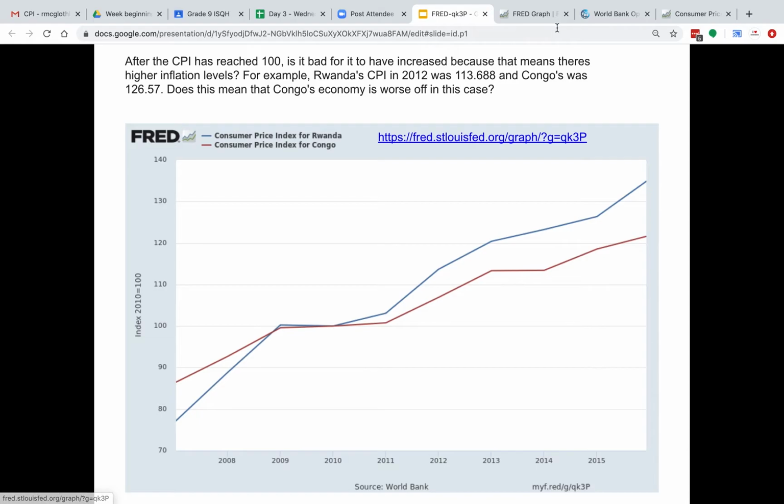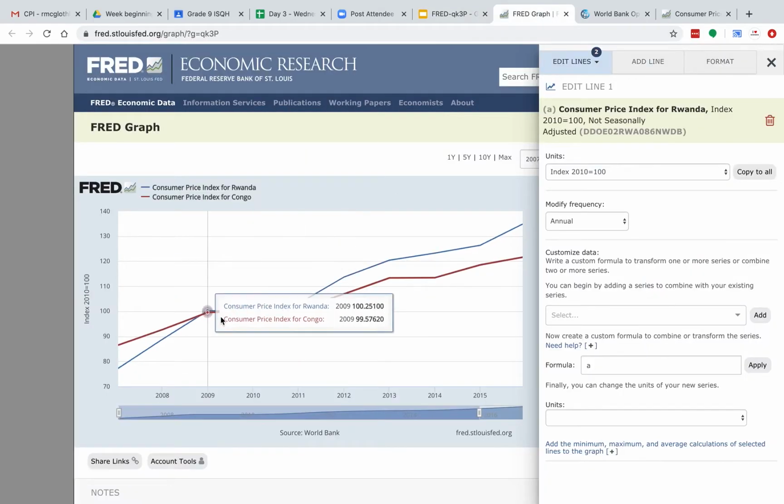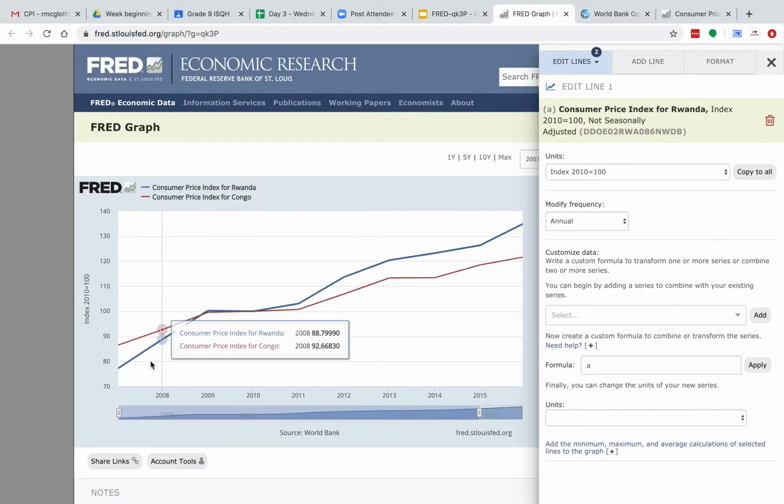So for example, if we go to 2008, prices in Rwanda were about 11% lower in 2008 than they were in 2010, whereas prices in Congo were about 7.3% lower than they were in 2010.